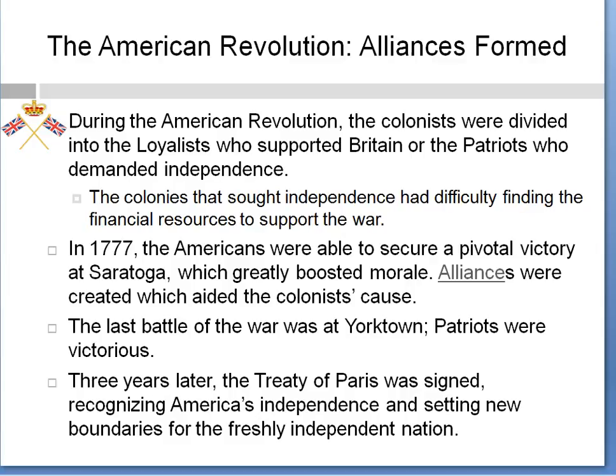In 1777, the Americans were able to secure a pivotal victory in Saratoga, which greatly boosted morale. Alliances were created, which aided the colonist cause. The last battle of the war was at Yorktown, and the Patriots were victorious. 3 years later, the Treaty of Paris was signed, recognizing America's independence and setting new boundaries for the freshly independent nation.